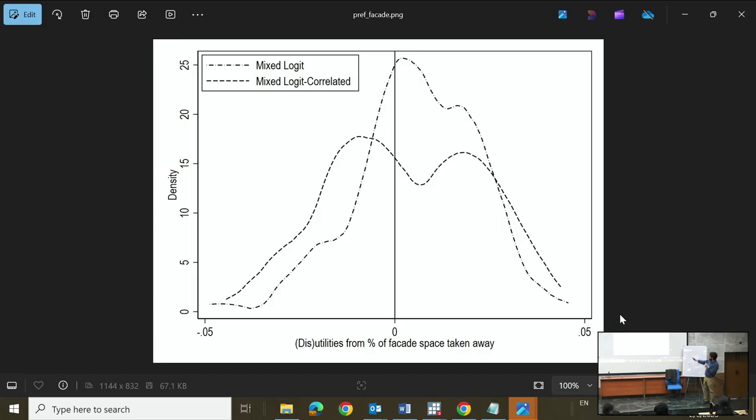One is going to have a mean around here in the negative, and the other one is going to have a mean around here in the positive. And that in itself is already telling us part of the storyline that I was telling you before.